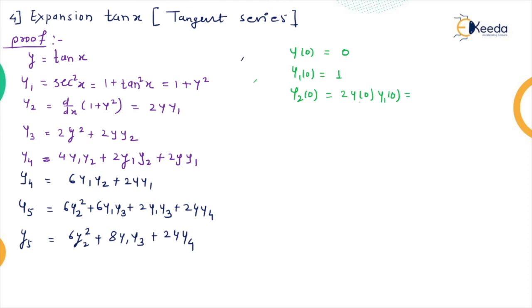Since y of 0 is 0 and y1 of 0 is 1, the total answer is 0.